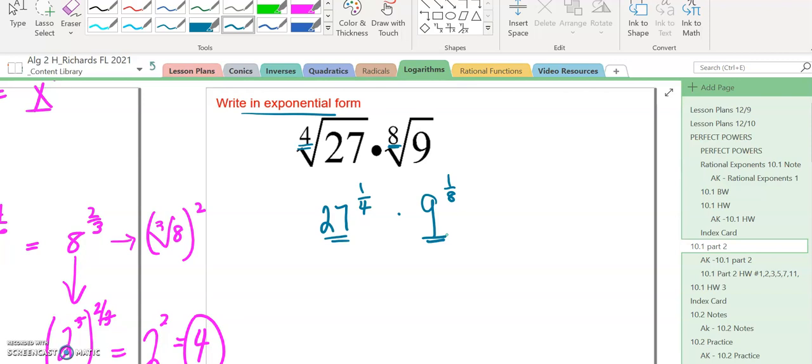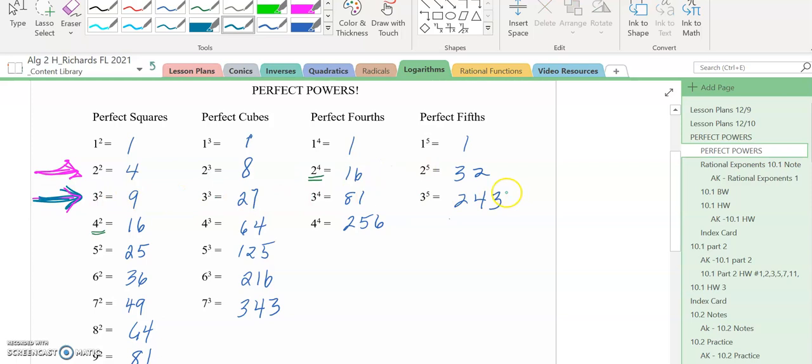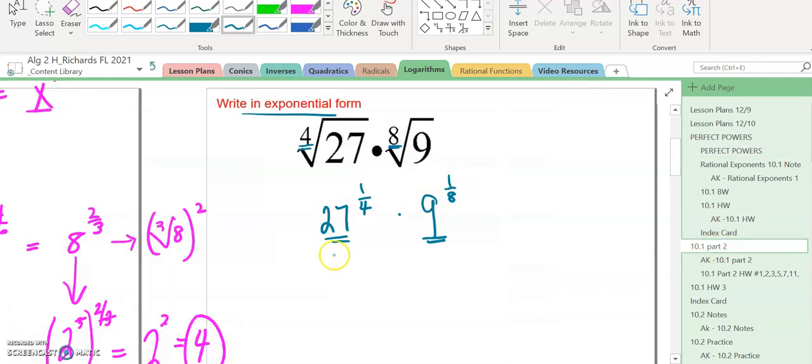But I should start to pick up that 27 and 9 are in that family. And what family are they in? They're in the 3's. So if you see 9's here, 27's here. So I'm going to go back and I'm going to write this as 3 cubed is 27.